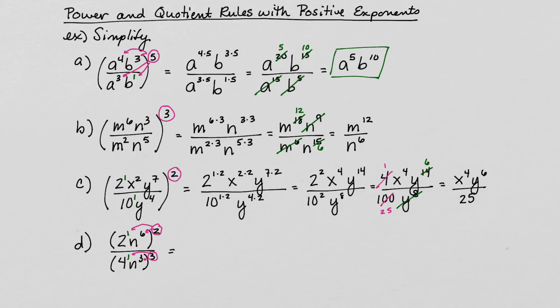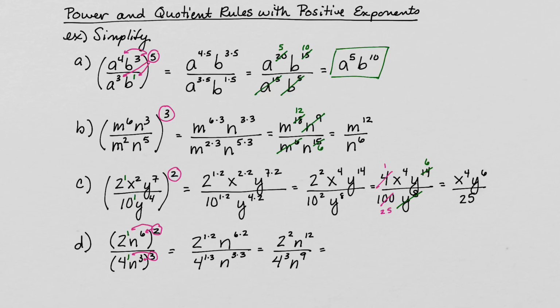So this is going to become 2 to the 1 times 2, n to the 6 times 2, divided by 4 to the 1 times 3, n to the 3 times 3. And so if I work this out, we end up with 2 squared, n to the 12th, divided by 4 cubed, n to the 9th.